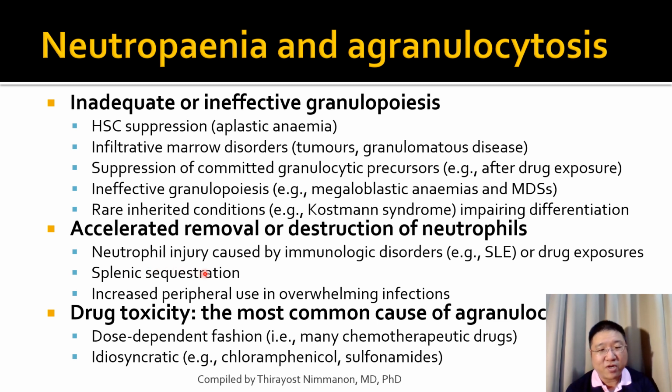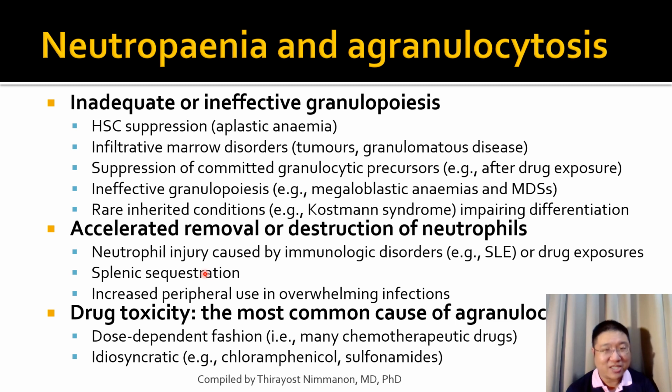For example, patients with liver cirrhosis will have splenomegaly, and a too big spleen is quite harmful because the blood cells will be sequestered within the spleen, and the sequestered blood cells will be destroyed. So the patients with liver cirrhosis can have pancytopenia, anemia, leukopenia, and also thrombocytopenia as a result of splenomegaly.